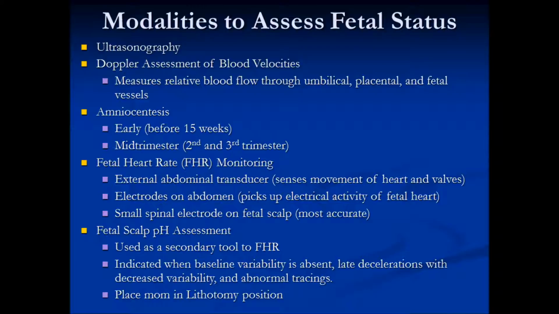If the baby is hypoxic, lack of oxygen is, of course, going to mean lack of oxygen to the heart muscle. If the heart muscle doesn't get oxygen, it's not going to have the ability to vary because it's not functioning properly. If the fetus is immature, baby is too preemie to respond. It can't respond to stress.